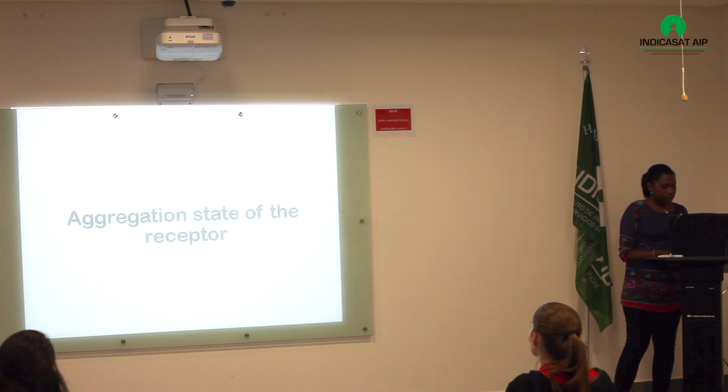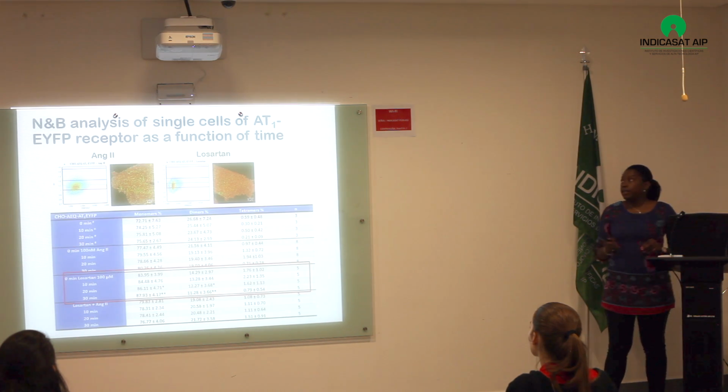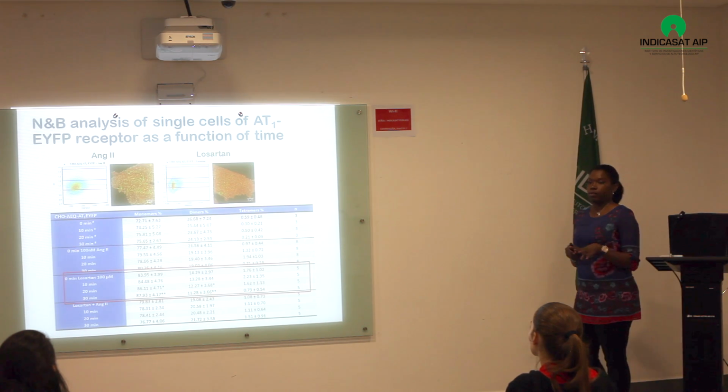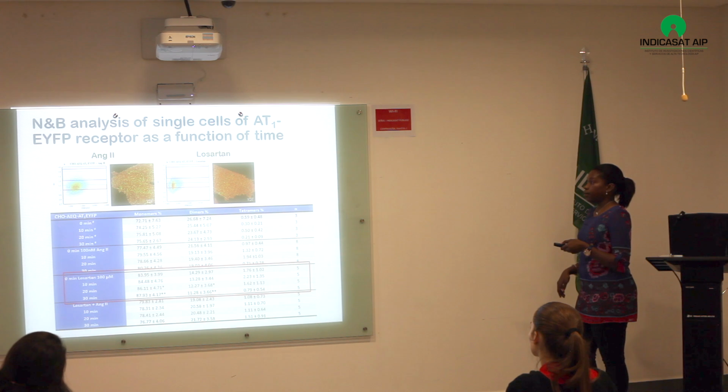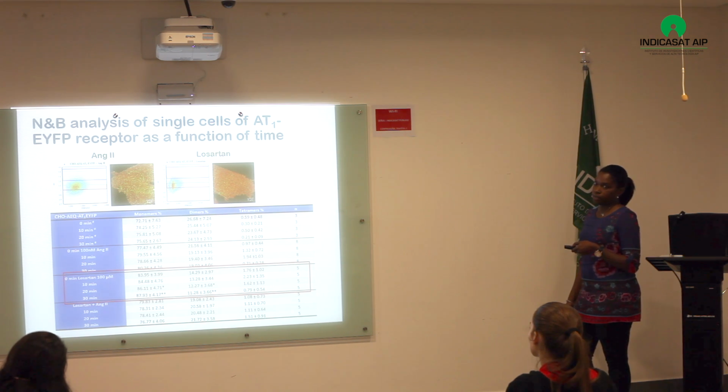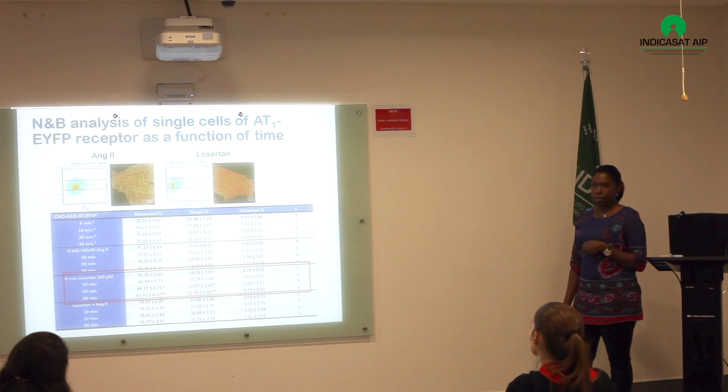So for the aggregates, in the number and brightness analysis, we were able to have a map of the different aggregates that I have in the cells, and we observed that the monomers, represented in red, the dimers, in green, and the tetramers population were distributed heterogeneously in the cell membrane.